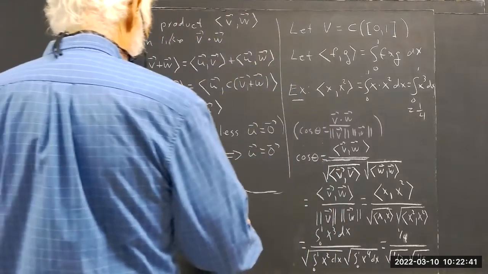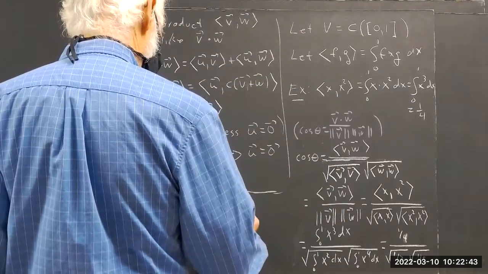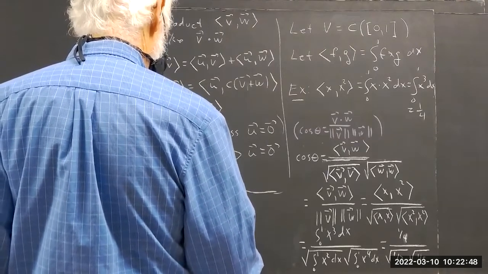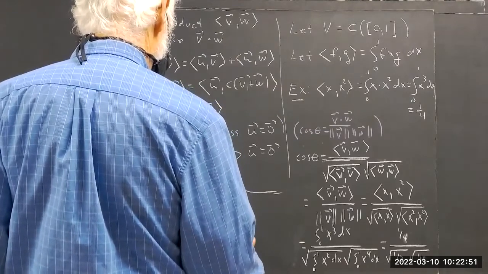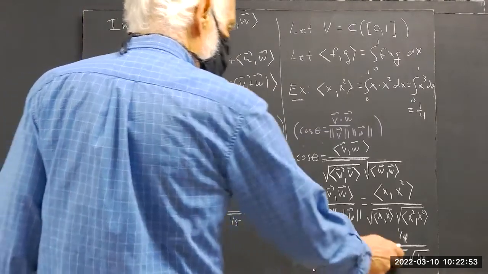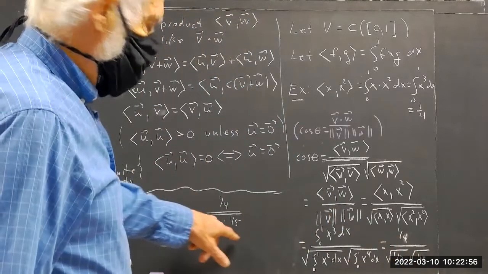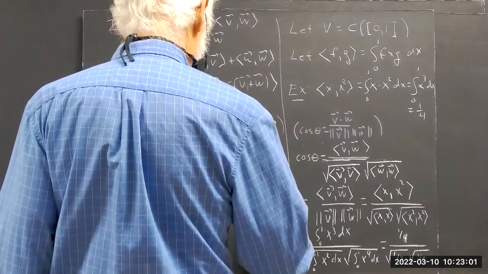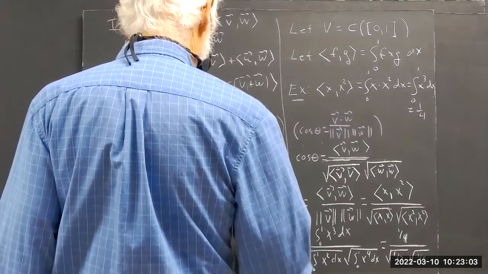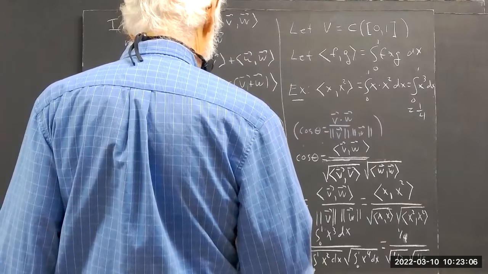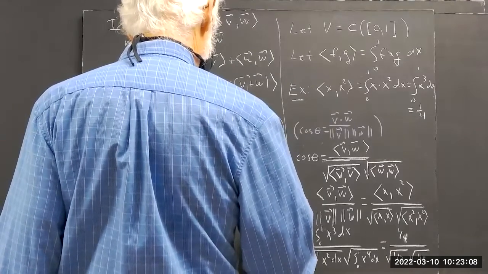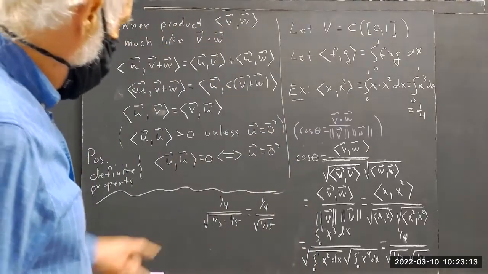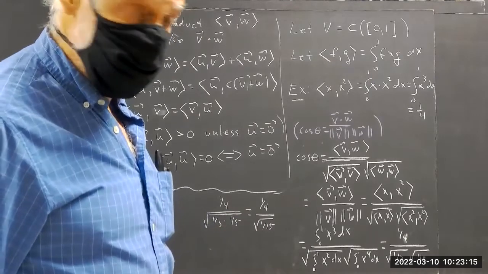Well, let's note that 1/4 over the square root of 1/3 times 1/5 is 1/4 over the square root of 1/15.